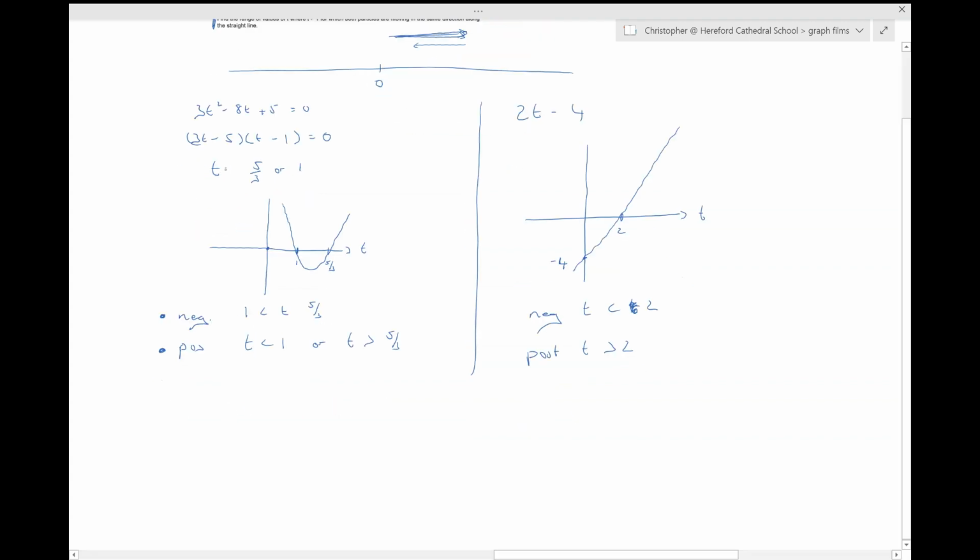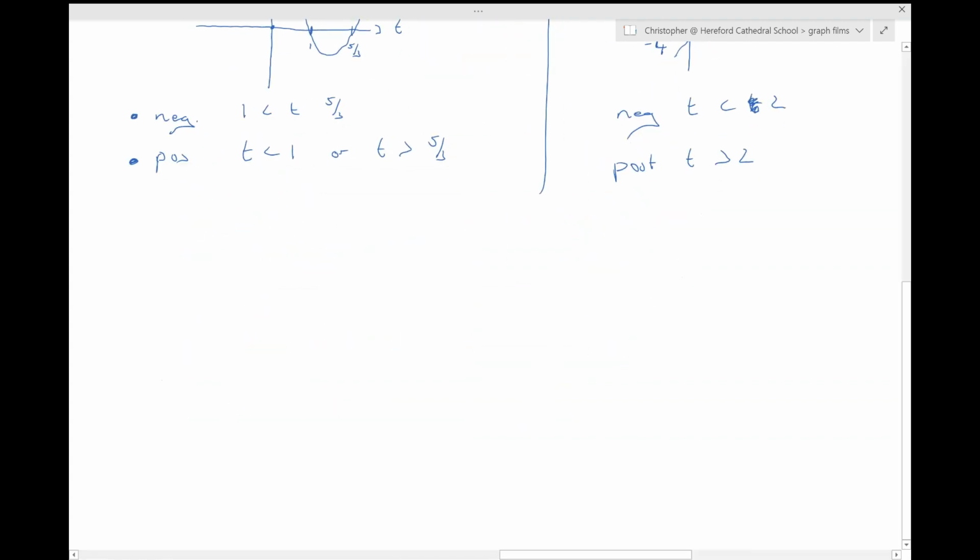Let's have a look here. My particle on the left is negative when t is between 1 and 5/3. And the particle on the right here is negative as long as t is less than 2. Well, the time in common there is when they're both negative. They're both negative when t is between 1 and 5/3. So they're both moving negatively there.